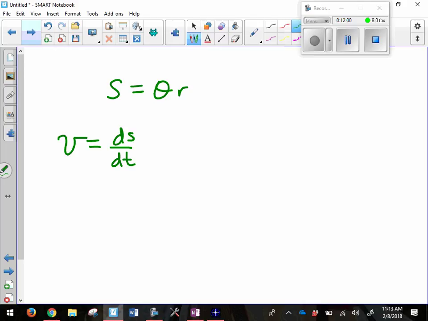So we need to use a different letter. And so if we assume that we have a rigidly rotating body that's symmetrical, then R, which is that distance from the center out to wherever my particle is, is going to be the same. So the only thing that's going to change is d theta.